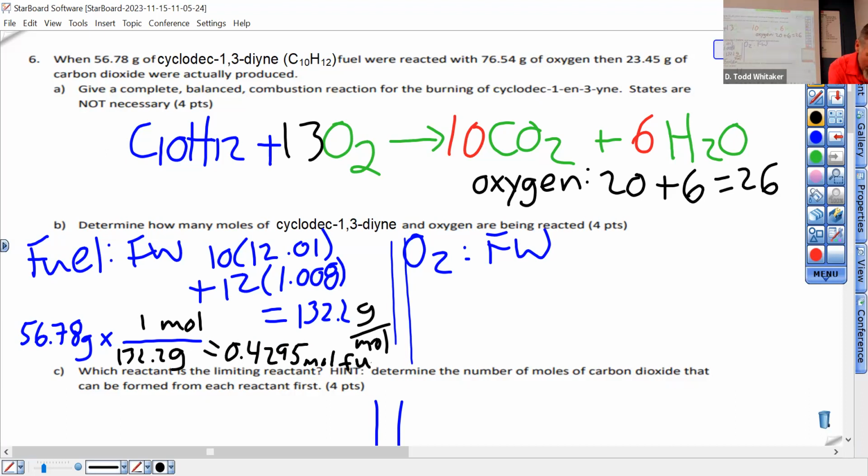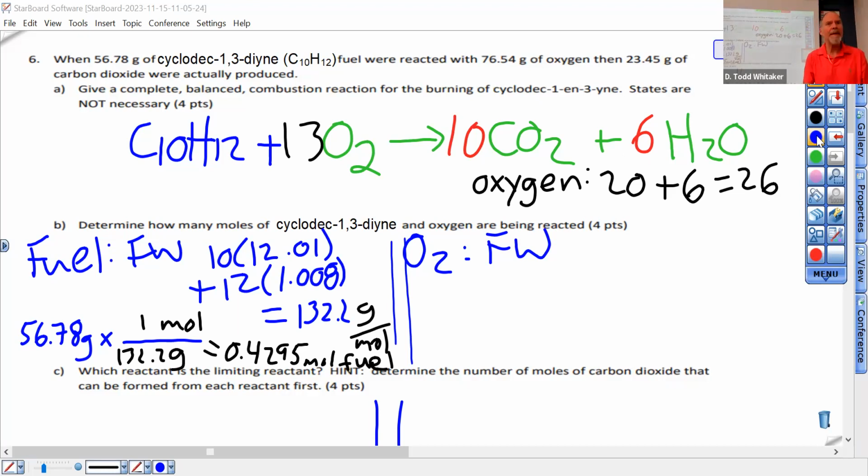You can use the word fuel in case you don't want to write that formula out over and over. I think it's better if you write the formula C10H12. Start up over here. Just don't write down 32 grams per mole here. Where's 32 grams per mole come from?